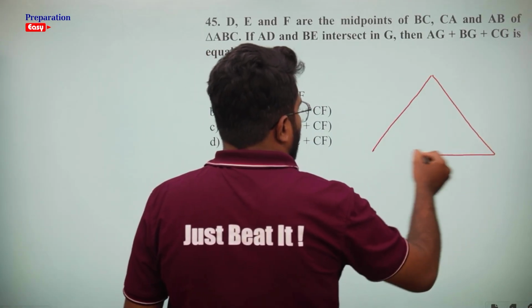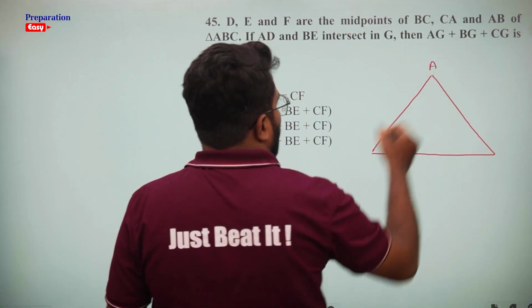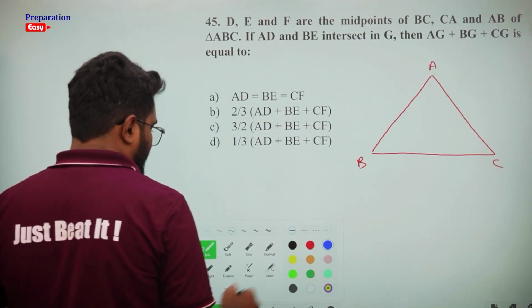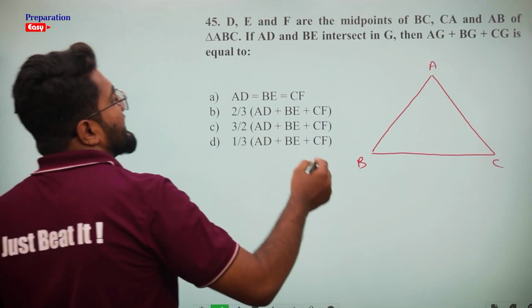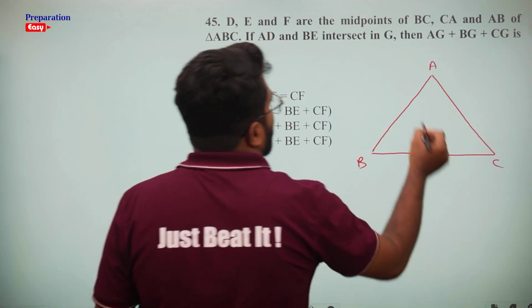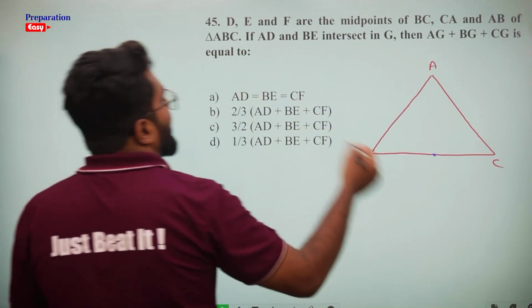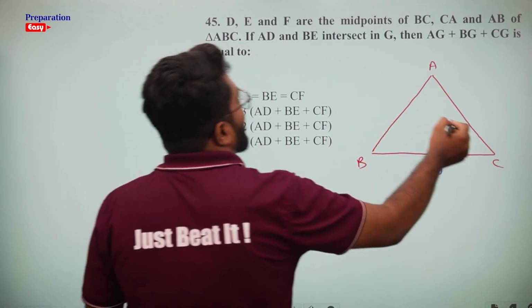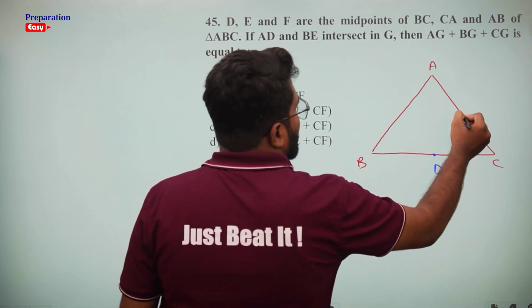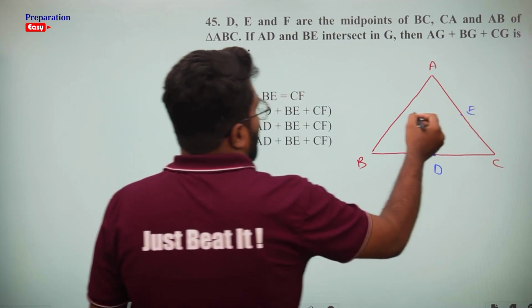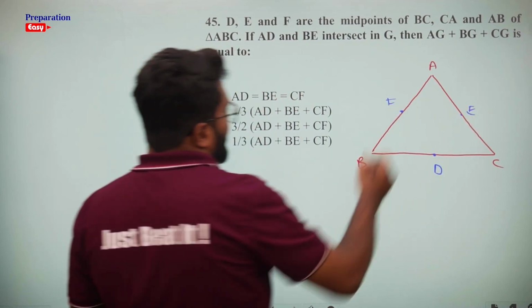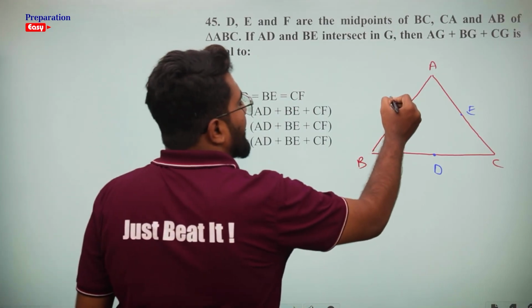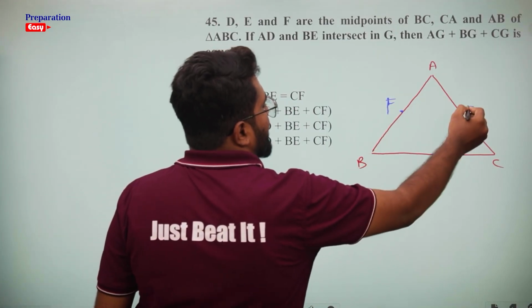This will be the triangle A, B, C. Now BC has midpoint D, CA has midpoint E, and AB has midpoint F. D, E and F.